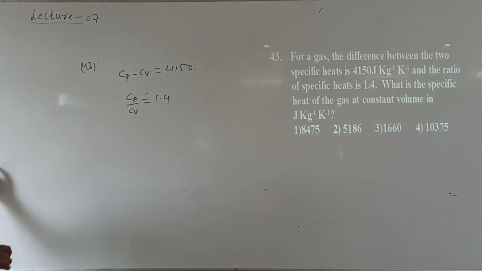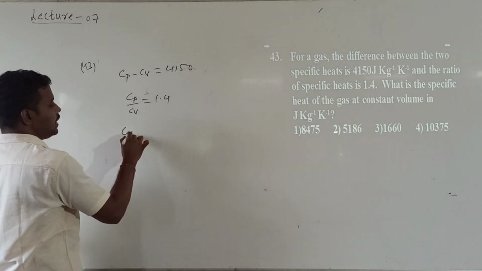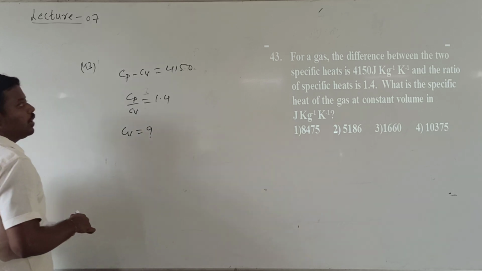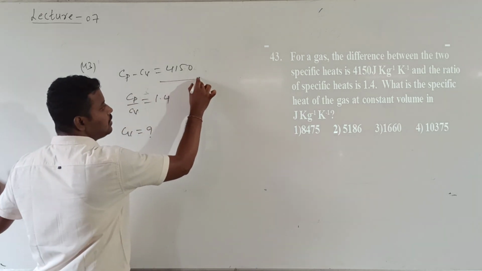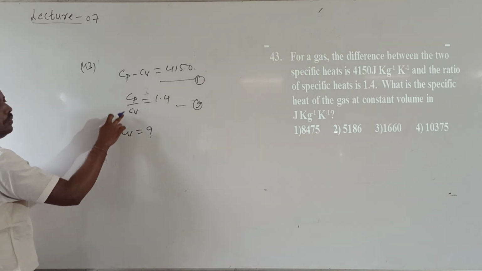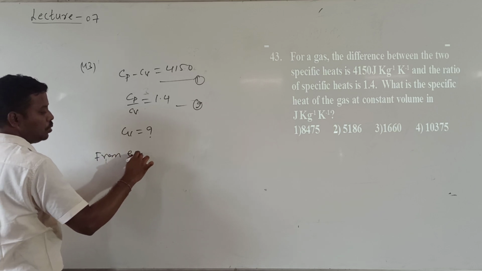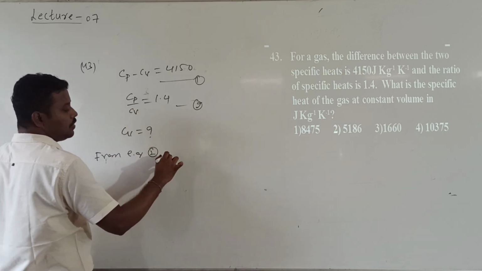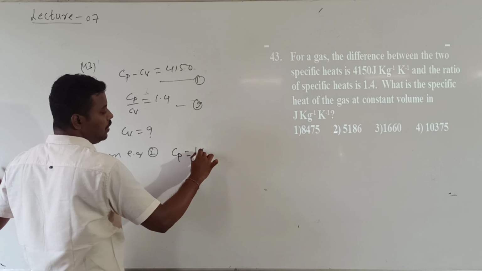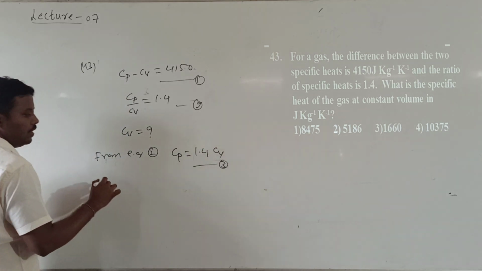Now what they are asking us to calculate is the Cv value. To calculate Cv, these are the two equations they gave, 1 and 2. To calculate Cv, eliminate Cp using equation 2. From equation 2, the value of Cp is 1.4 into Cv. Can I call it equation 3?